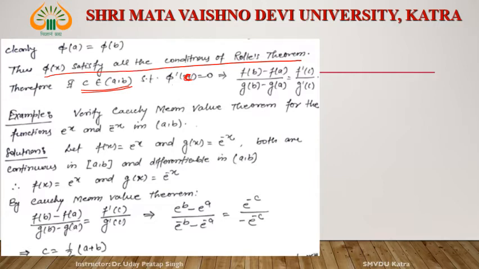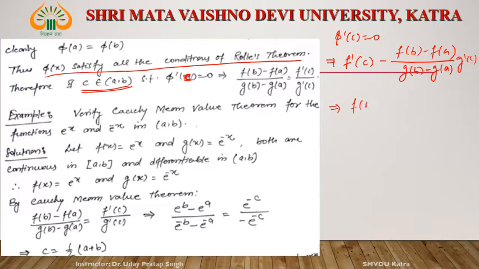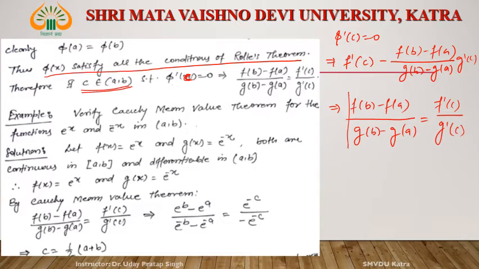If phi prime c is equal to 0, what is phi prime c? Phi prime c equal to 0 implies that f prime c minus (f(b) minus f(a)) divided by (g(b) minus g(a)) into g prime c is equal to 0, and this implies that (f(b) minus f(a)) divided by (g(b) minus g(a)) is equal to f prime c divided by g prime c. This is the result of the Cauchy mean value theorem.